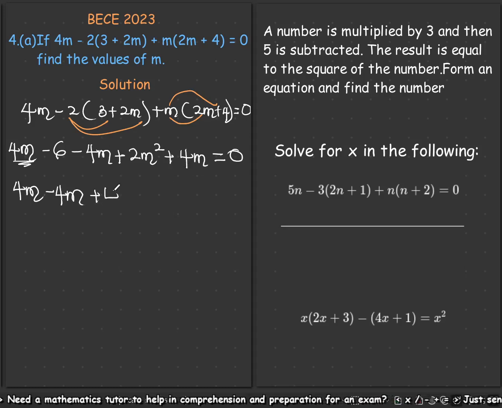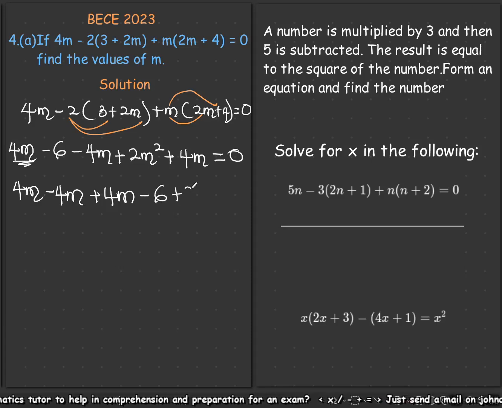So we've been able to write this out. We are left with negative 6, and then positive 2m squared, all of which are equal to 0.